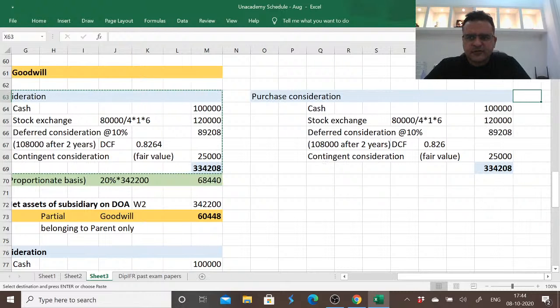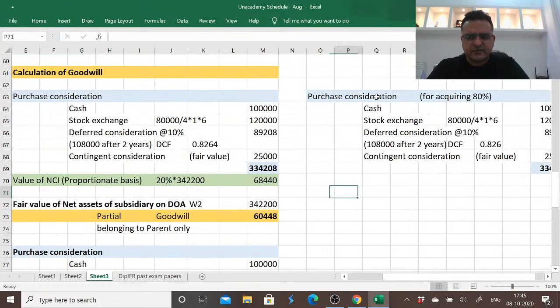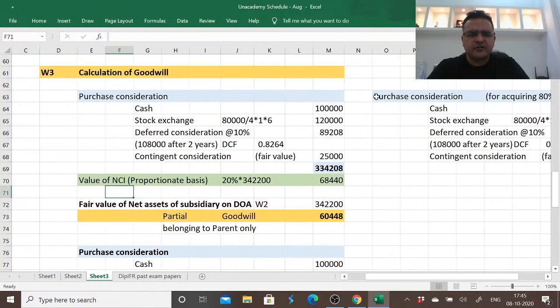This purchase consideration was being paid for acquiring 80%. So it made sense to compare the fair value of purchase consideration for acquiring 80% with, here we were comparing the fair value of net assets of subsidiary on the date of acquisition, the entire 100%. If you notice, this was being paid for acquiring 80%, value of 20% being compared with 100% fair value of net assets of subsidiary.